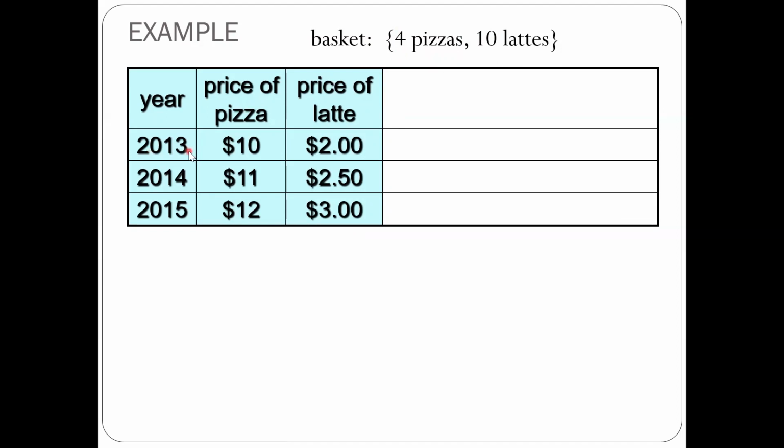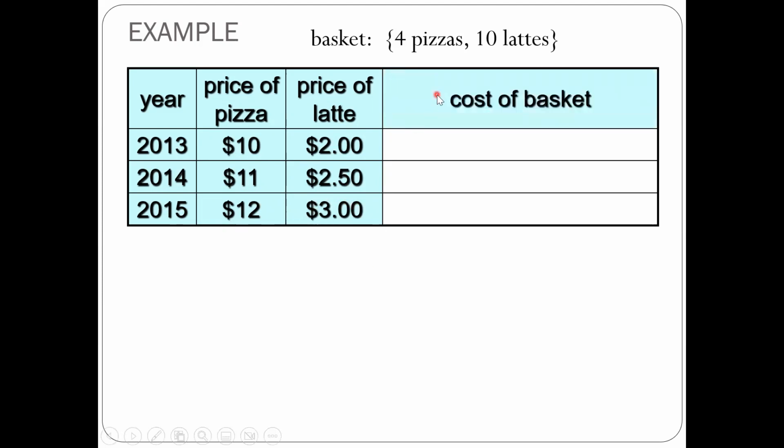In year 2013 the price of pizza is $10 and price of latte is $2. 2014 price of pizza is $11, price of latte is $2.50. 2015 $12 and price of latte was $3.